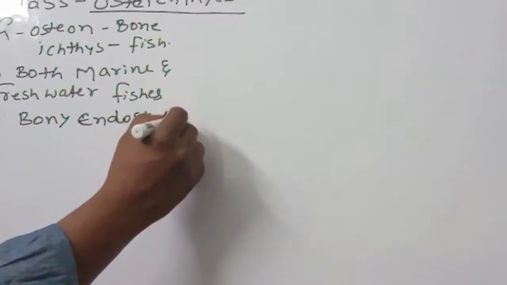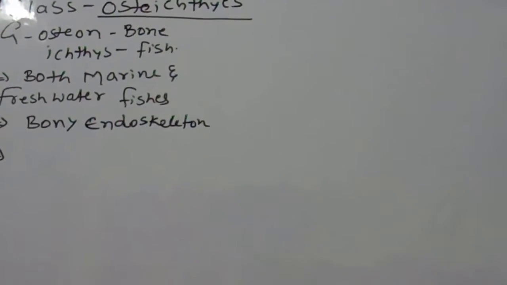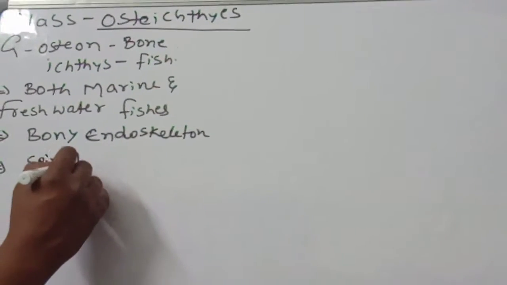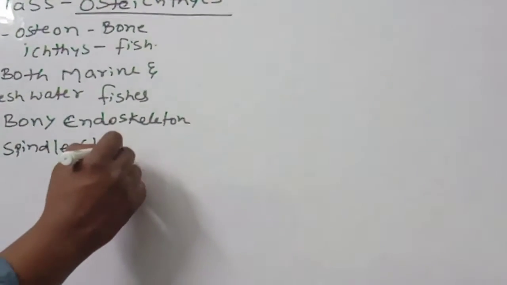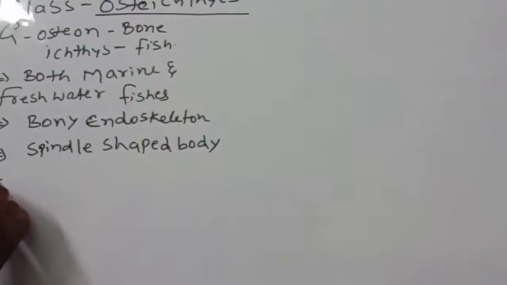endoskeleton. Bony endoskeleton. Another important point: they have a spindle-shaped body. You should also remember this point.